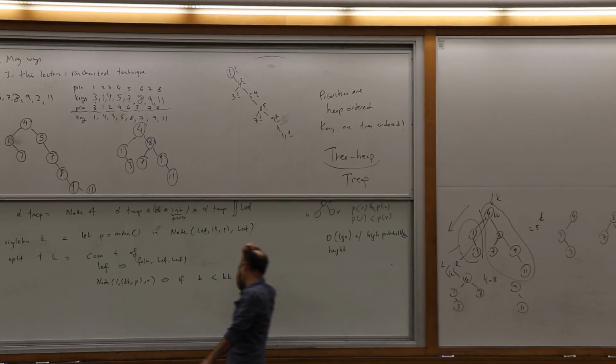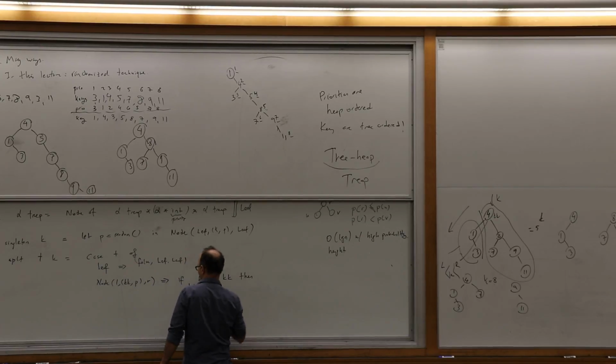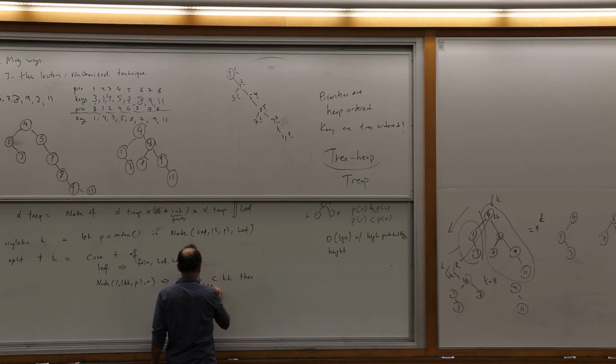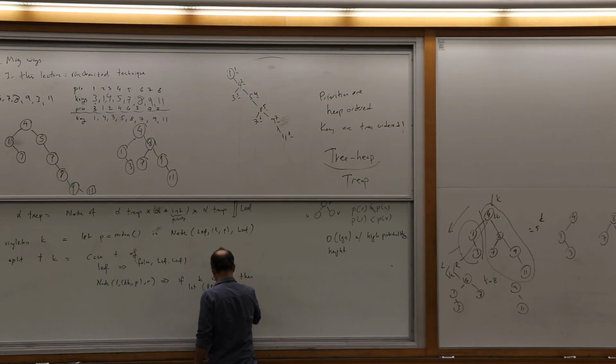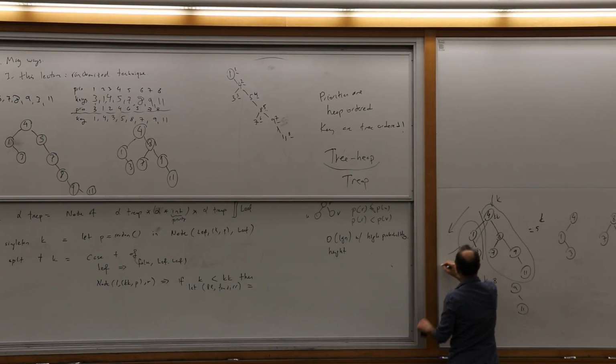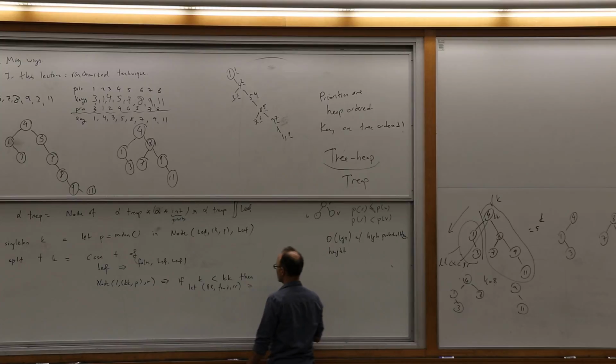If K is less than KK, then what we're going to do is a recursive split. Let's call this LL, found, RR. So LL is less than key, which is less than RR. Which one was found first?